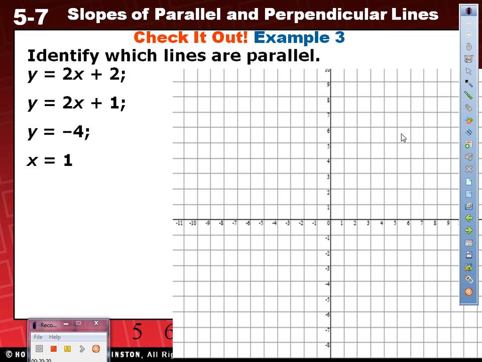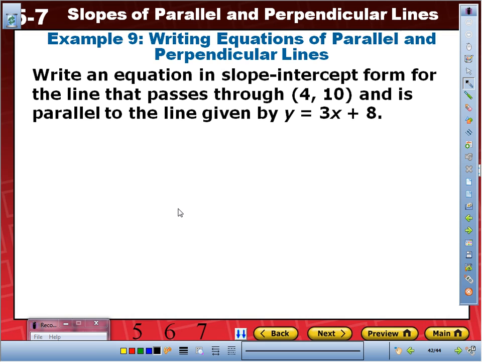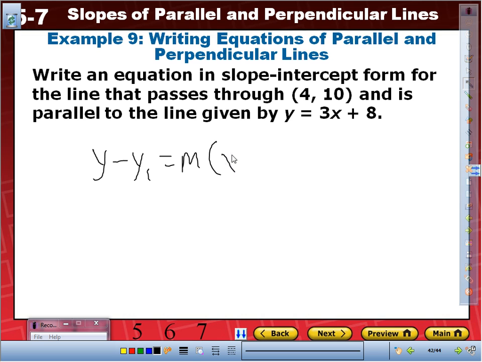On this next one, pay attention, please. You're going to get an example such as this one. Everybody look up. Pens down. They're asking us to write an equation of a line. To write an equation, we know we need y minus y1 equals m times x minus x1. Remember that? Do they give us a point to substitute into the x1, y1?